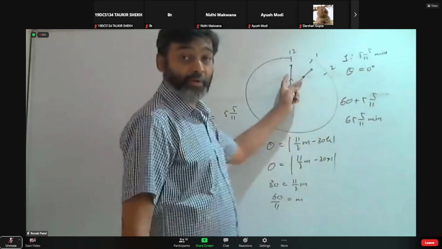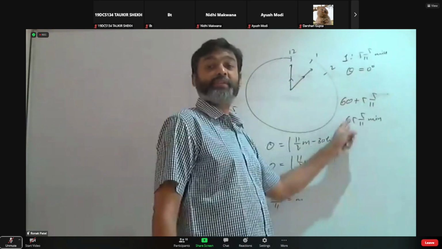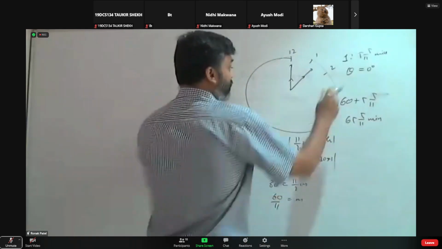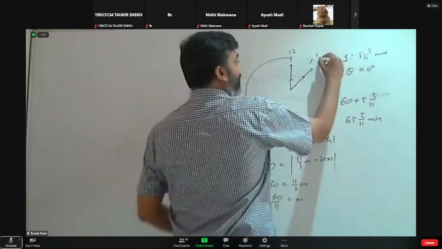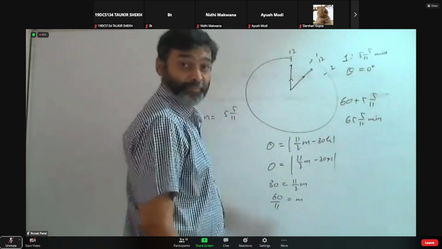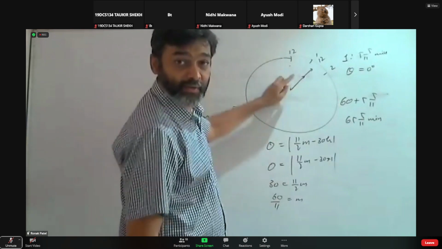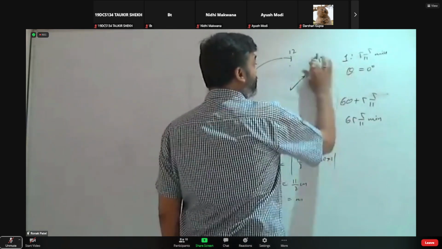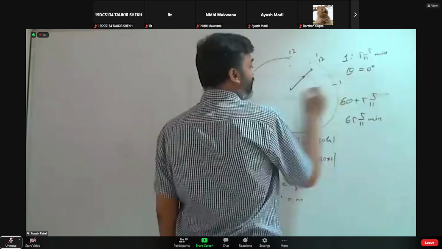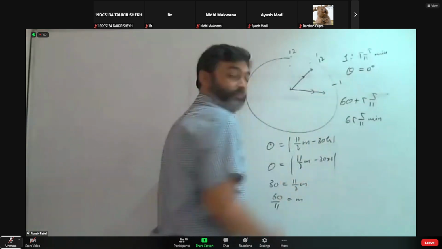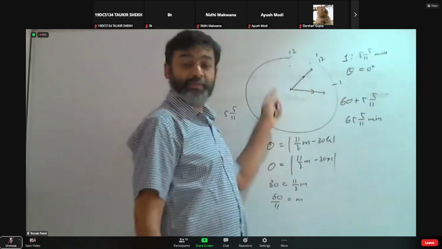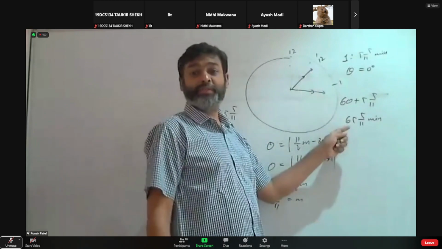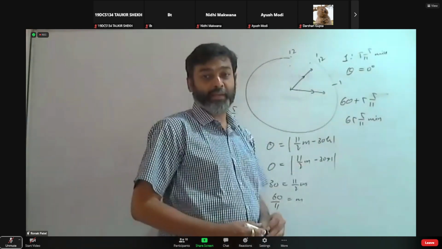Both hands of the clock coincide at every 65 5 by 11 minutes. Why at every? Suppose I move this dial and I keep 12 here once again. So this is my new condition. 1 o'clock will be somewhere around here in that case. And once again they coincide after 1 o'clock. That means both hands always coincide at 65 5 by 11.